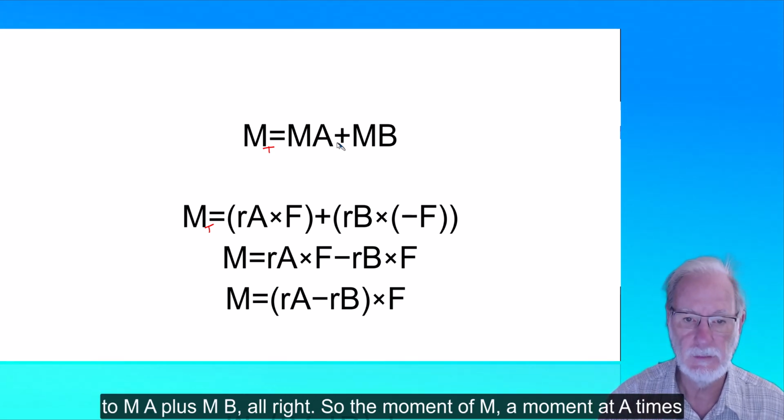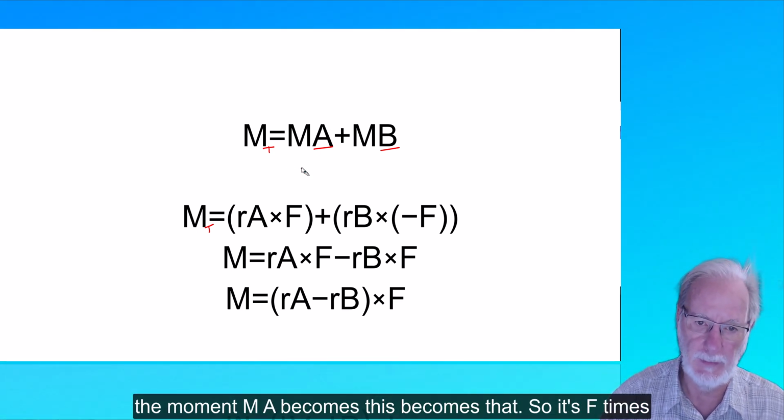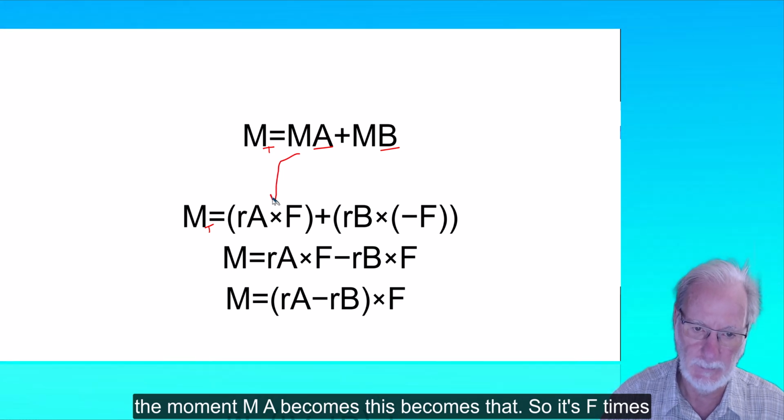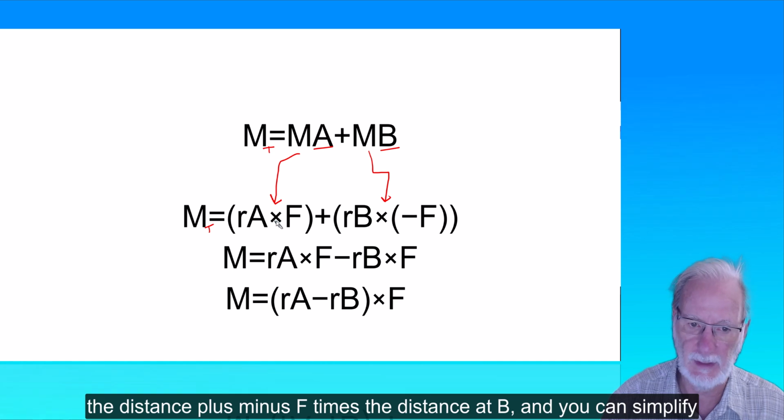So the moment at A plus the moment at B becomes F times the distance RA plus minus F times the distance RB.